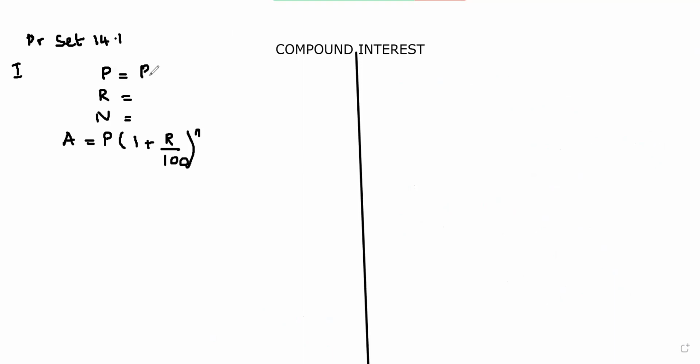Principal is equal to rupees 4,000. Rate of interest 7.5% per annum. And my number of years, how many years? 2 years.